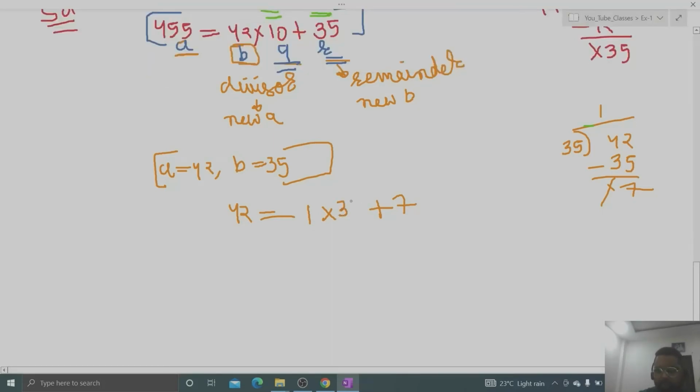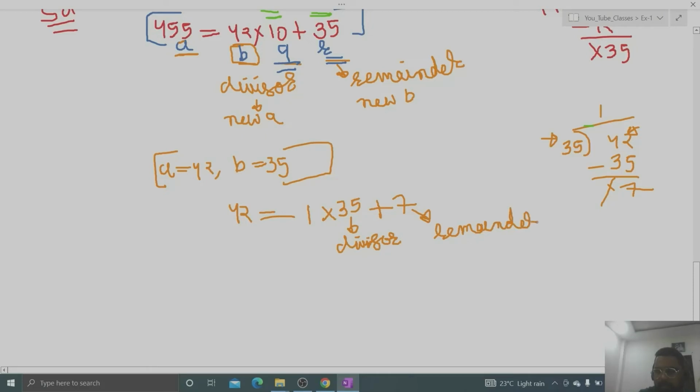This is our dividend and this is our divisor. So here 35 is our divisor, and this is our remainder.